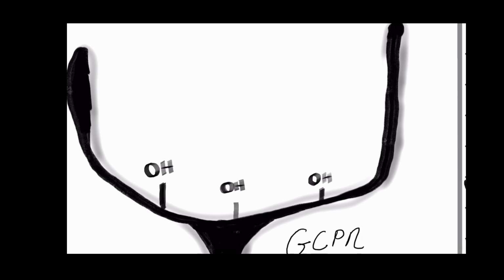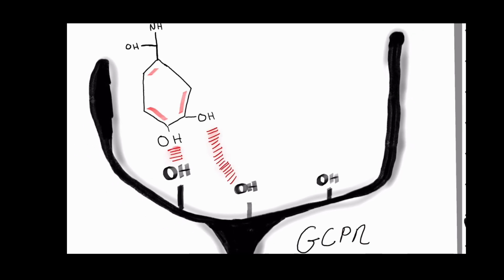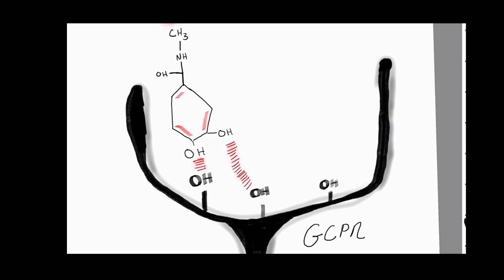Now, these are the mechanisms in which epinephrine and norepinephrine will bind. So I'm just going to show you epinephrine first. Here is the chemical structure of epinephrine, and you will see that epinephrine will form hydrogen bonds with hydroxyl groups that are inside of the ligand pocket.